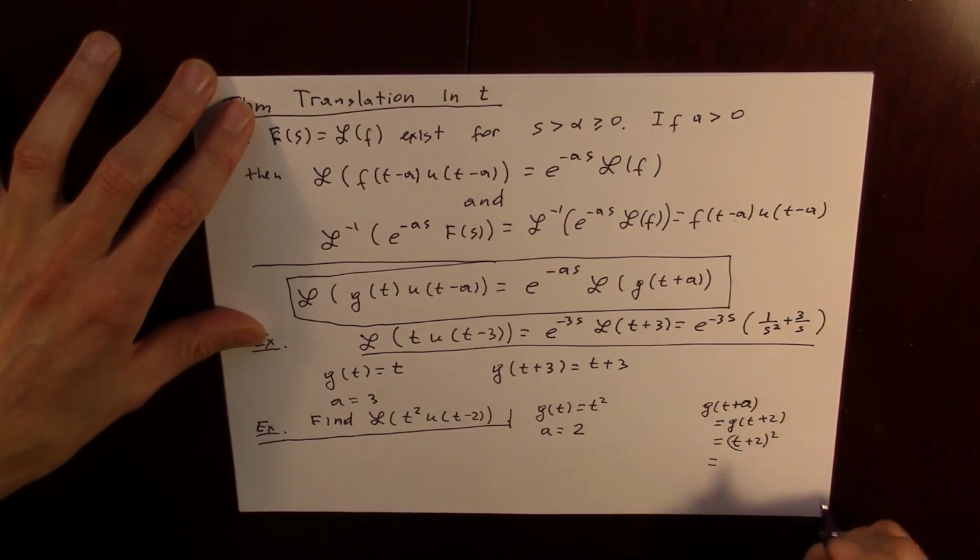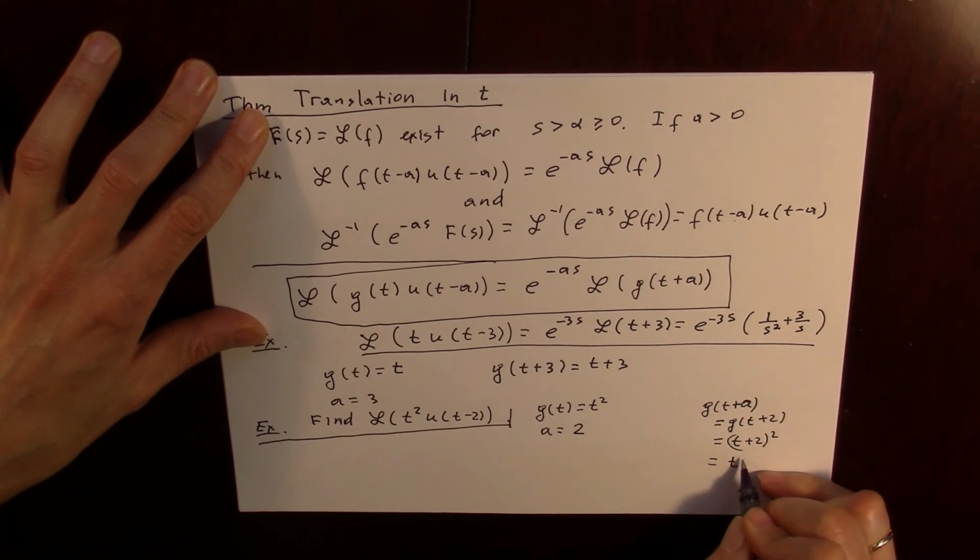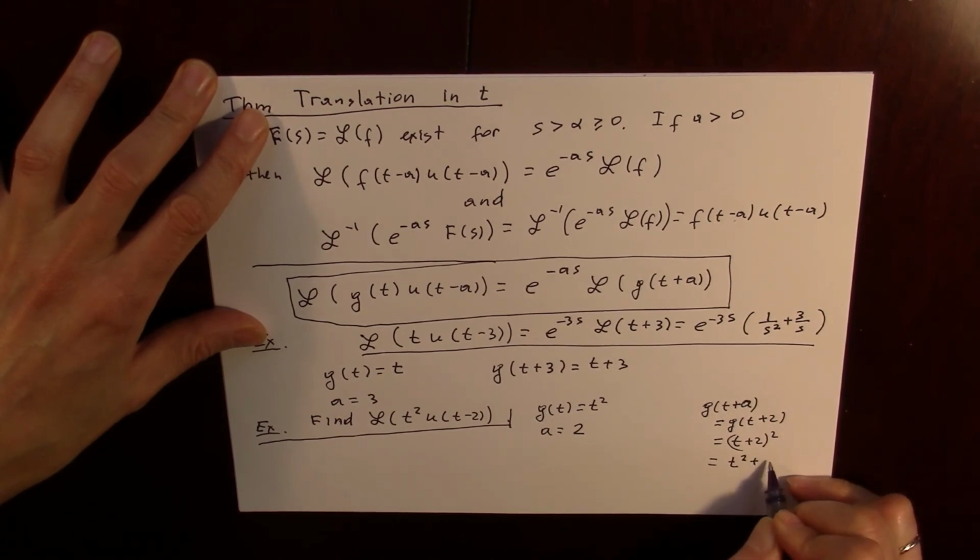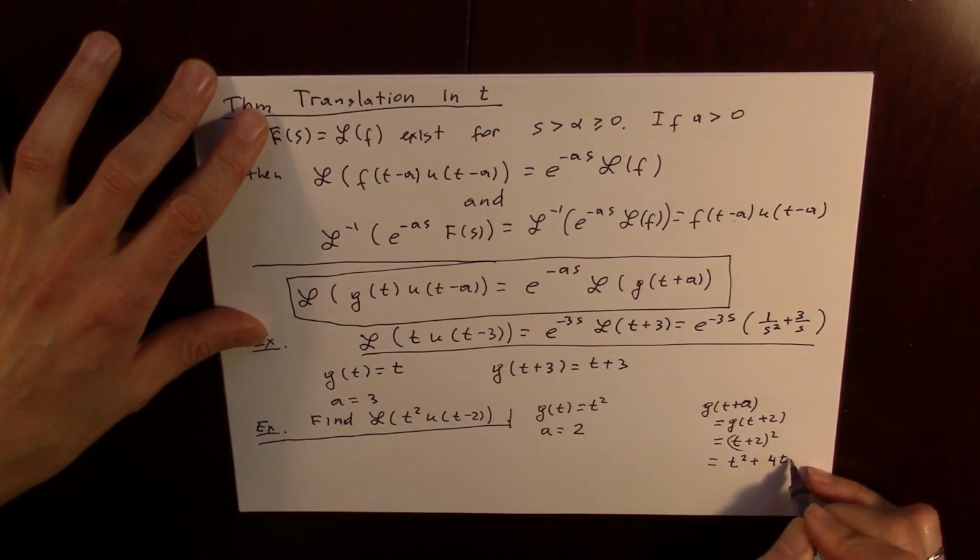Squaring that expression, we're going to get t squared plus 4t plus 4.